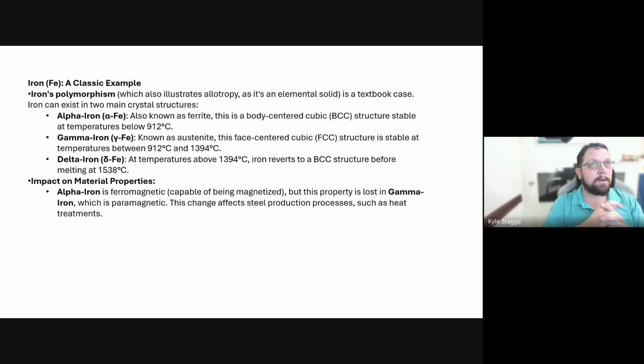Then there's delta iron above 1394C, right? And it's another BCC structure, and it's mostly because of the kinetic energy. There is so much heat trying to be contained and managed by those individual molecules that it's very hard for it to not expand to the less space efficient BCC at those temperatures, just because all that kinetic energy has to be stored somewhere.